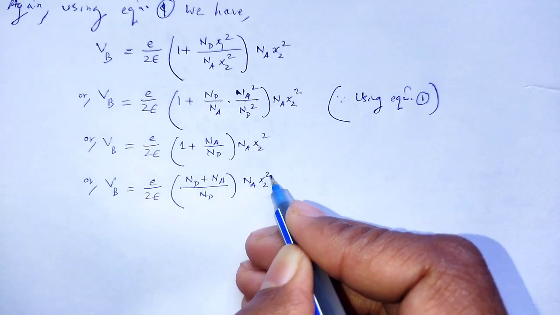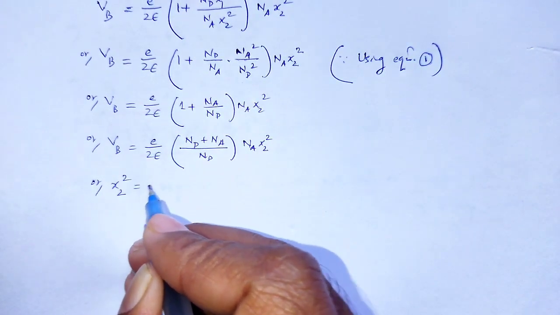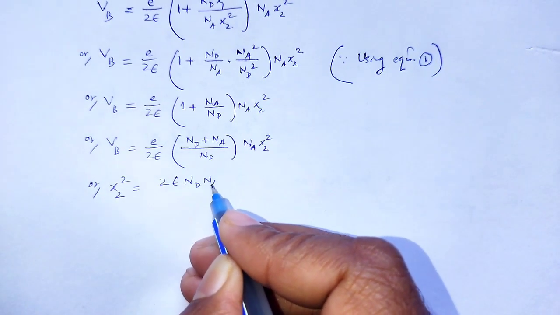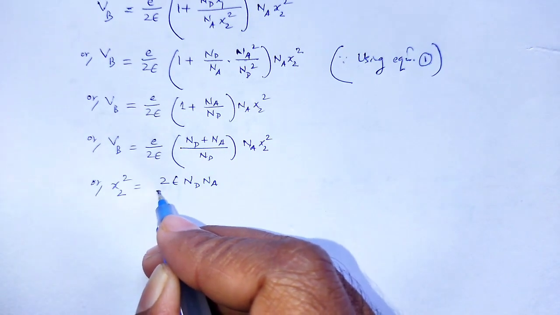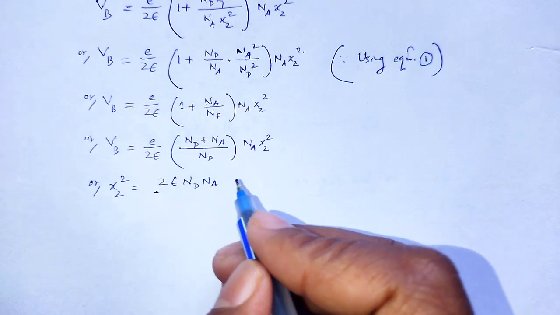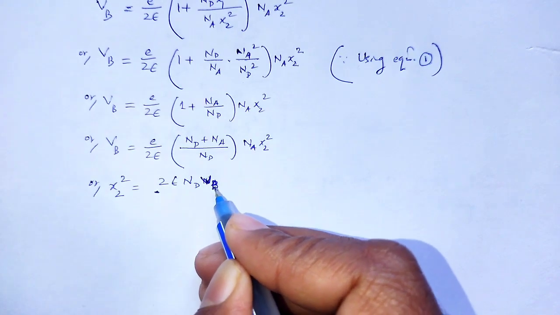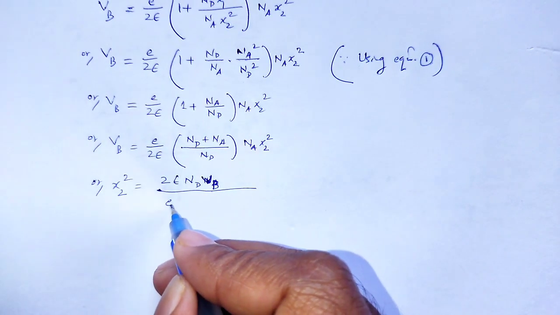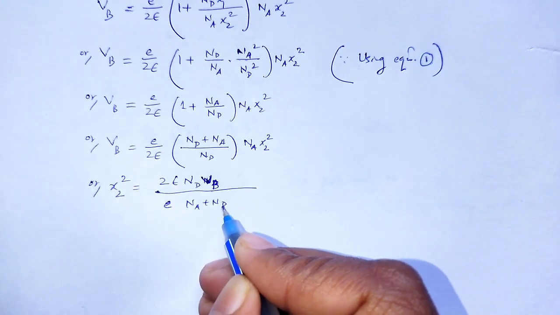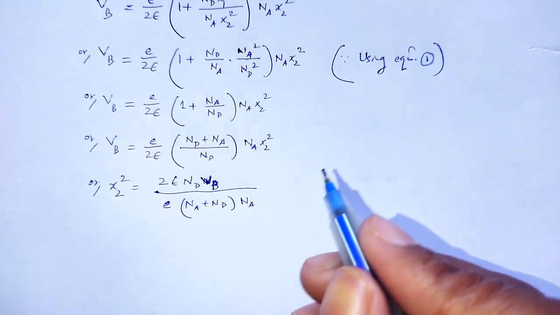Na x2 square, or x2 square is equal to 2 epsilon Nd Vb divided by E, whole into Na plus Nd, whole into Na.